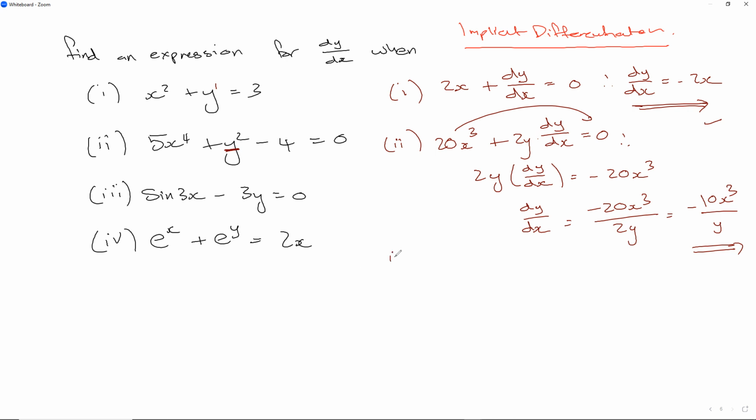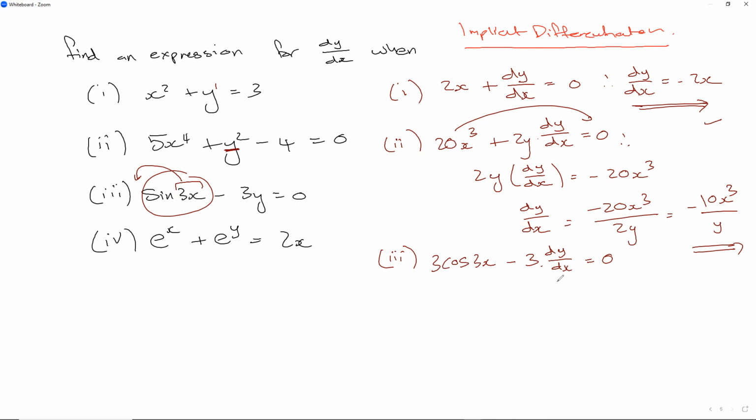Okay. Part 3, when I derive sine, I get cos 3x, but because it's 3x, remember, it's a function inside a function. So using chain rule, I multiply it by the derivative of 3x, which is 3. So that's 3 cos 3x. Deriving 3y becomes just 3 using the power rule, but because it's y, I put dy/dx next to it.